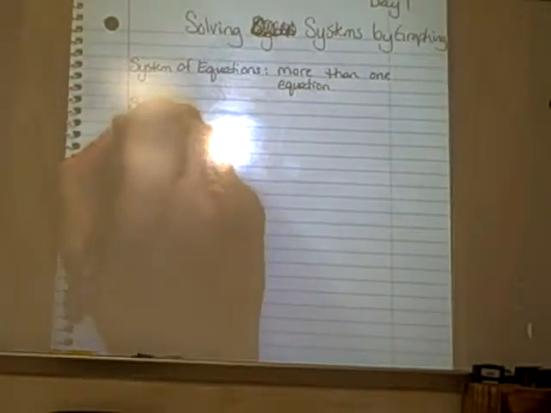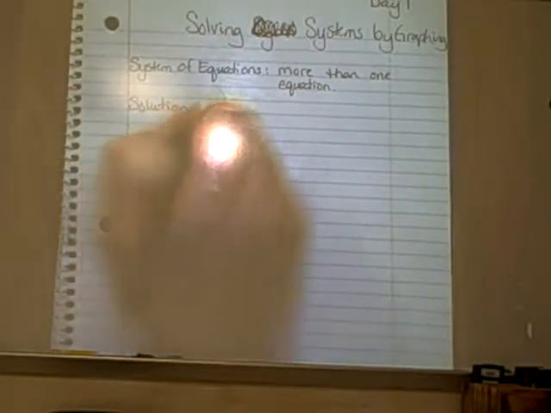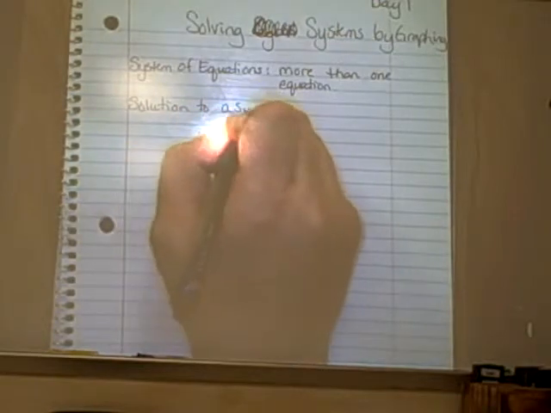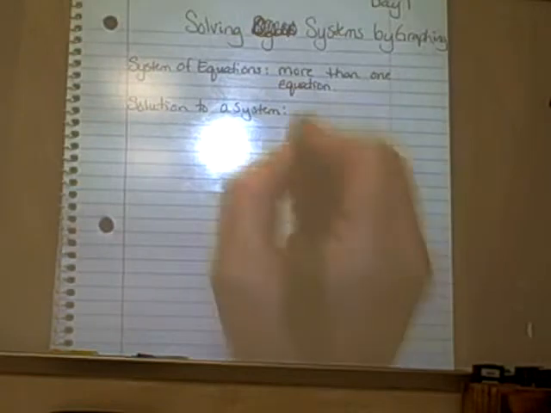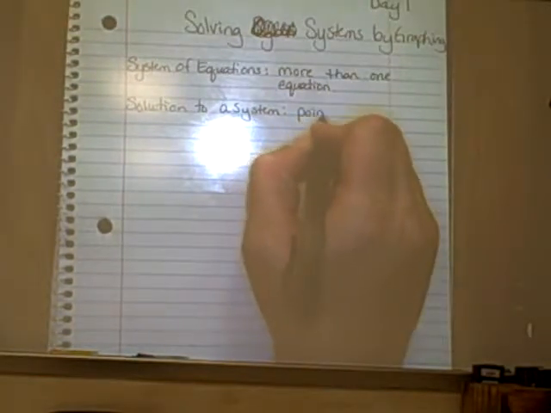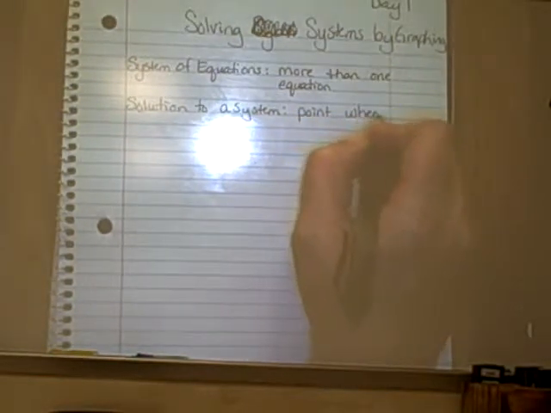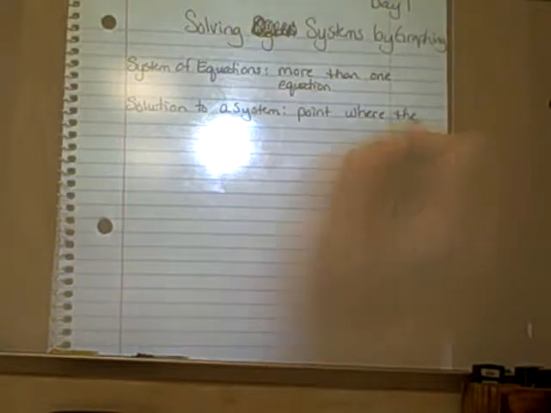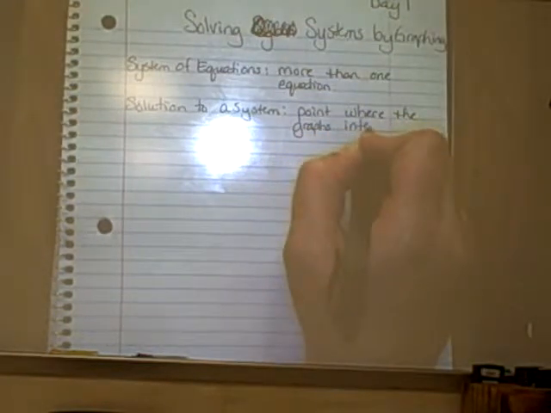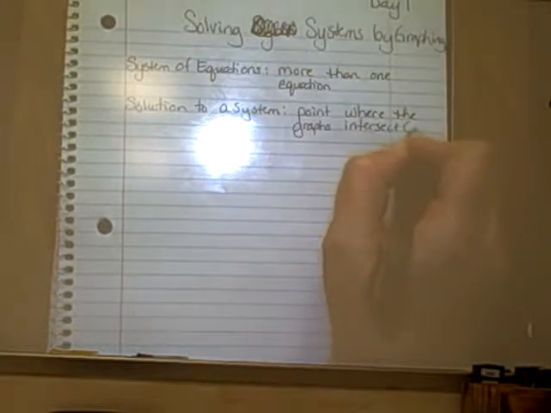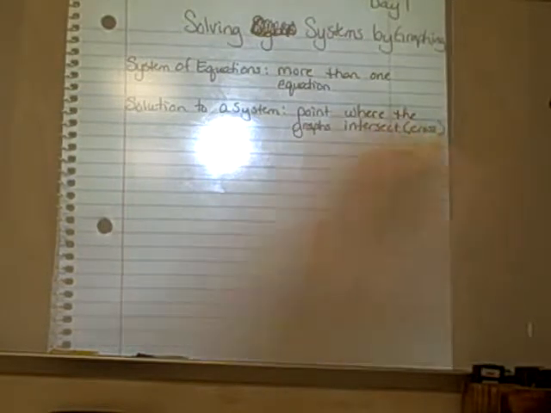So the next thing you need to know is what is the solution to a system? And the solution is the point where the graphs intersect, or cross, if you want to write the word cross.